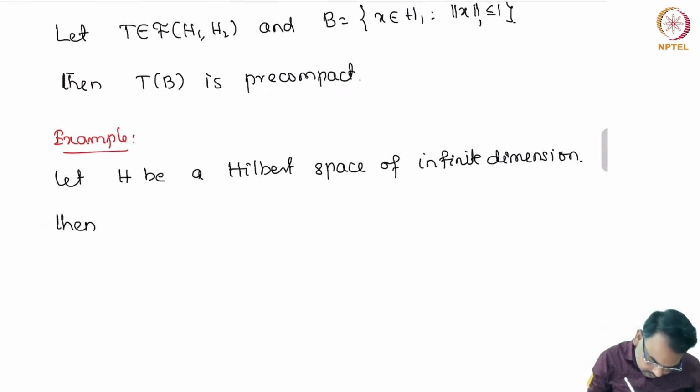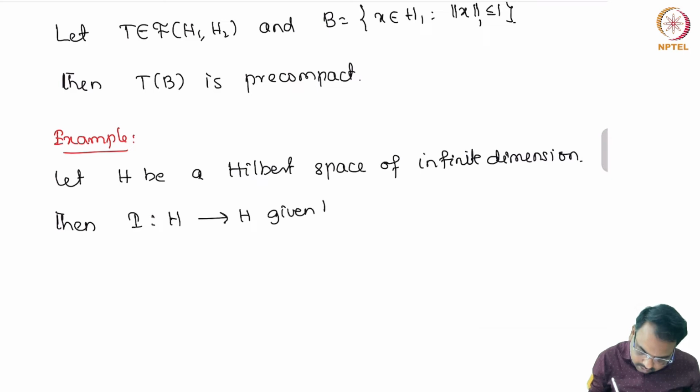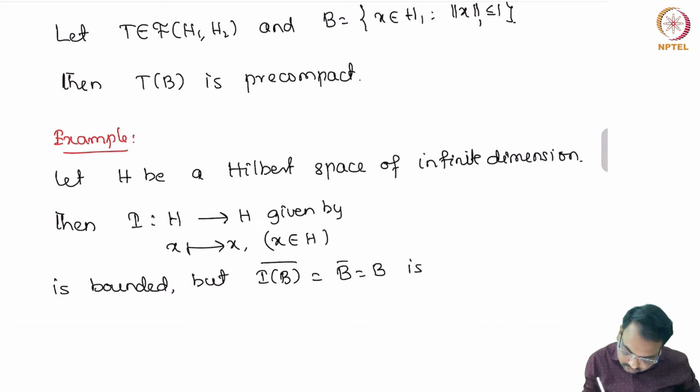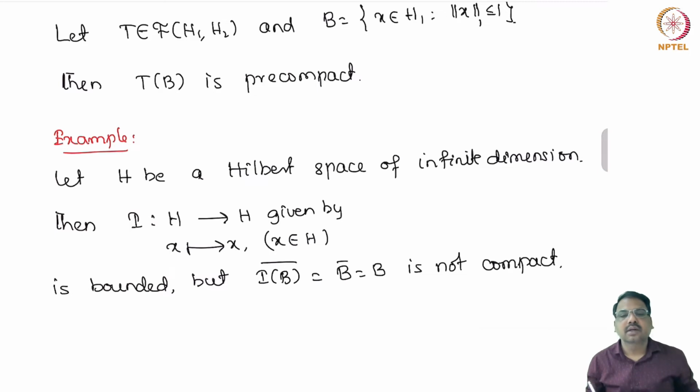Then the identity operator I from H to H given by x going to x, x in H, is bounded, but if you look at I of B closure, that equals B closure, that is again B, because B is closed. This is not compact since the space is infinite dimensional.